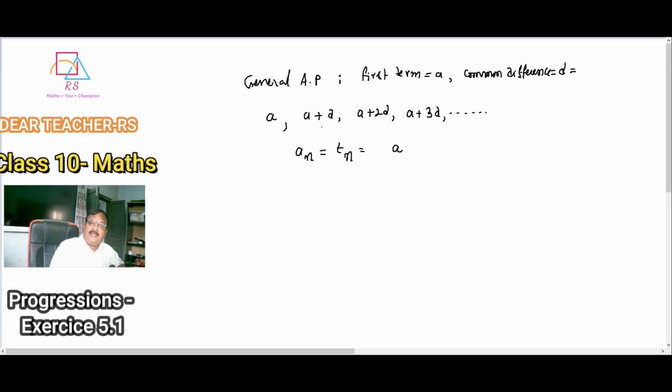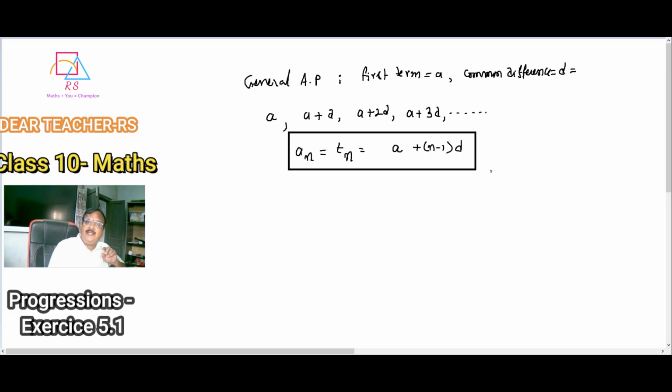In the second term 1D is there. In the third term 2D, that is 3 minus 1. In the fourth term 4 minus 1, 3D. In the fifth term 5 minus 1, 4D. In the nth term, n minus 1 times D will be there. So this is the formula for the nth term.